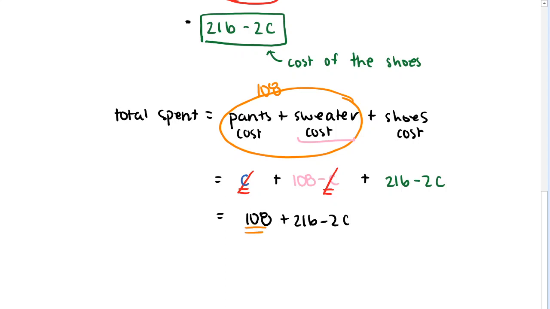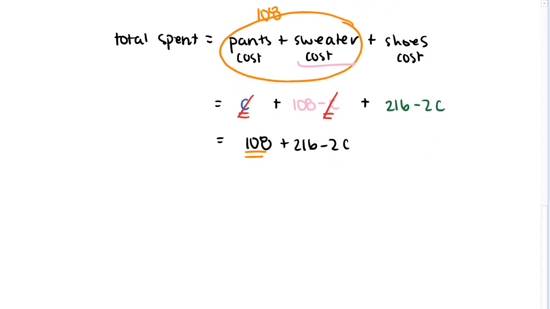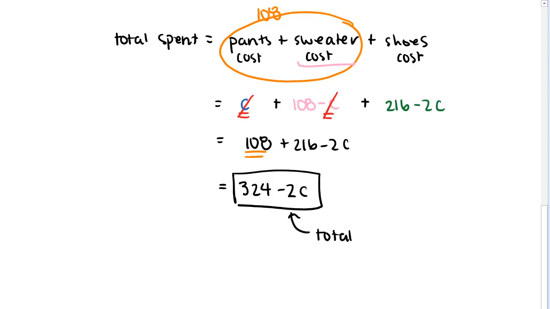And that's what we're really saying here. When we add those first two quantities, we get 108. And then lastly, 108 plus 216, those like terms can be added together, and that gives us 324. And then we still have this minus 2C. So this is an expression for the total amount spent.